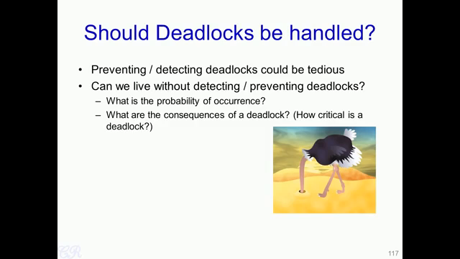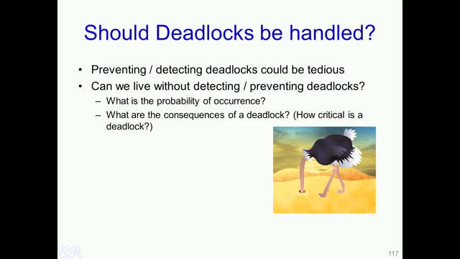So, various things need to be discussed before a decision can be made, such as what is the probability that a deadlock occurs? Is it likely that a deadlock will occur every week or every month or once in 5 years or so on? Second, what is the consequence of a deadlock? Essentially, how critical a deadlock could be.